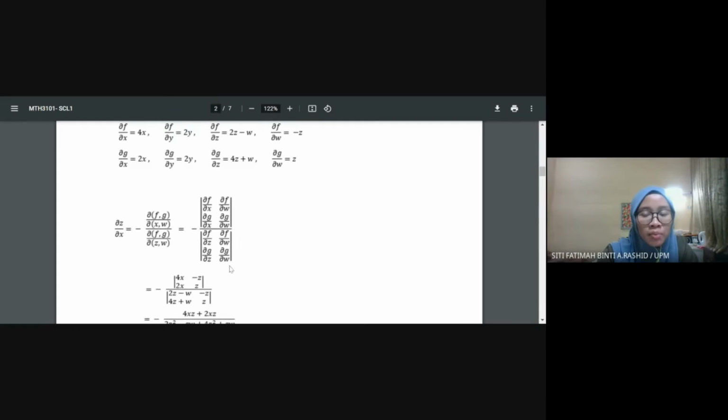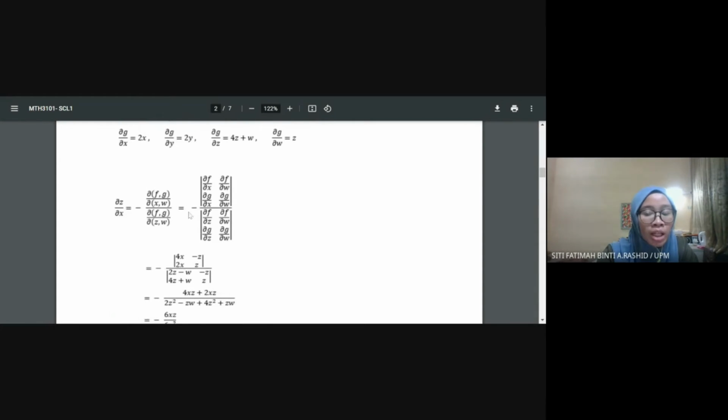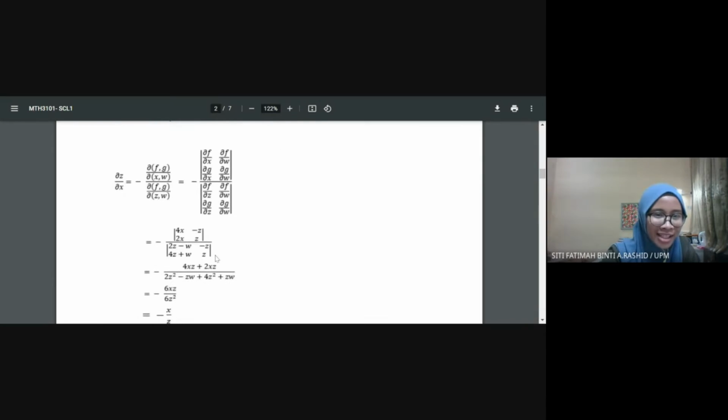Next, we substitute the values of the partial derivatives that we obtained from step 2 into the formula, and we get this answer.